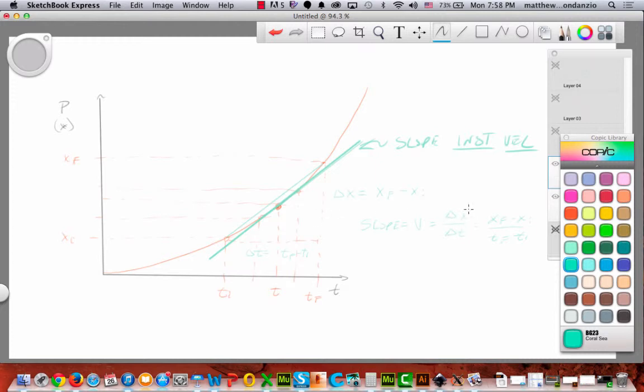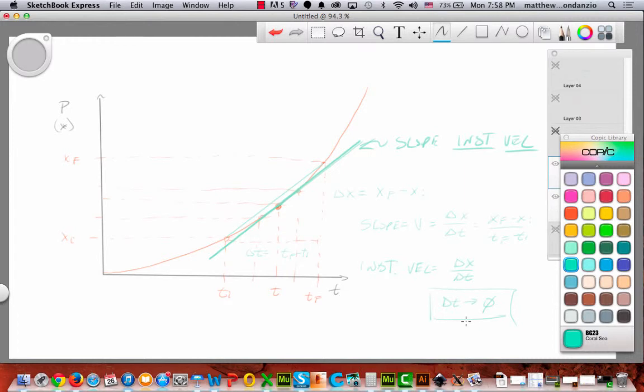And so what am I doing? I'm taking a delta x over delta t, so the instantaneous velocity is delta x over delta t as delta t approaches 0. All right.